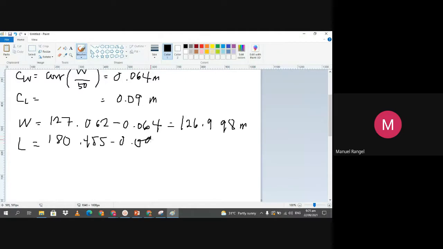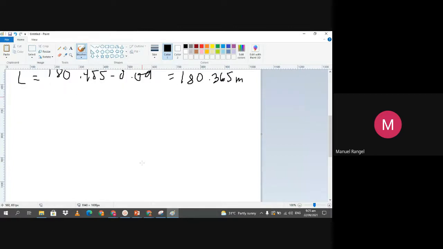Again, the tape is too short. So 180.365 meters. Okay, so it is quite simple. Any questions so far? It is more on direct substitution.